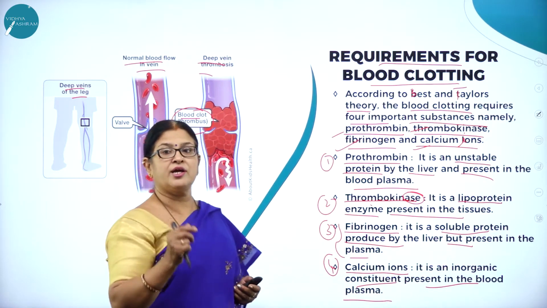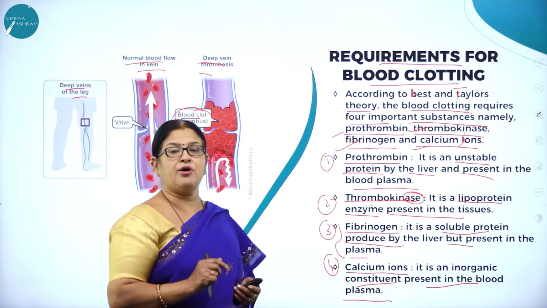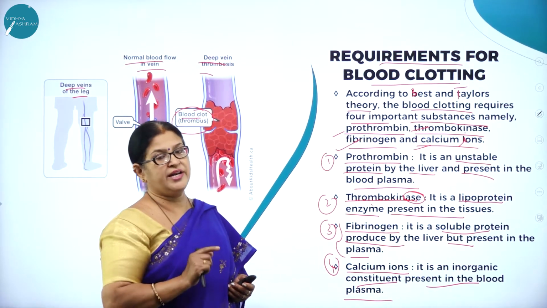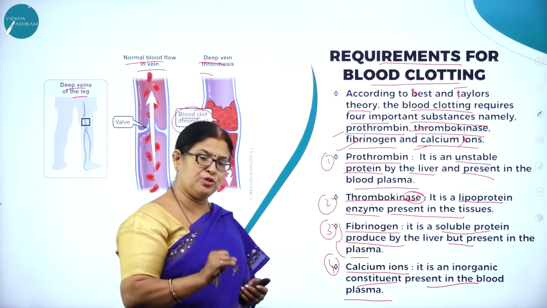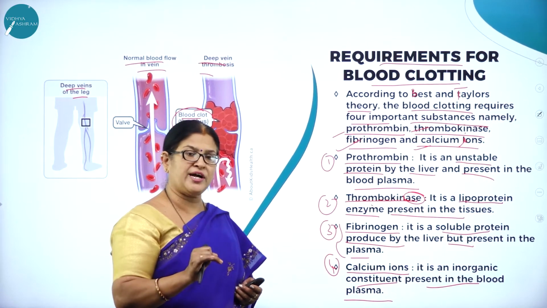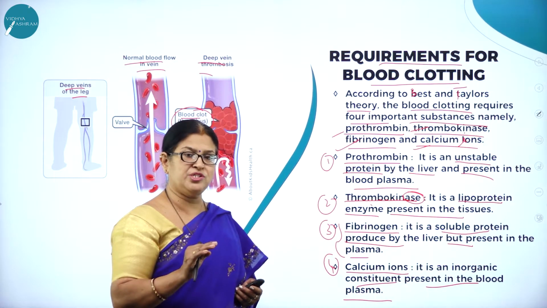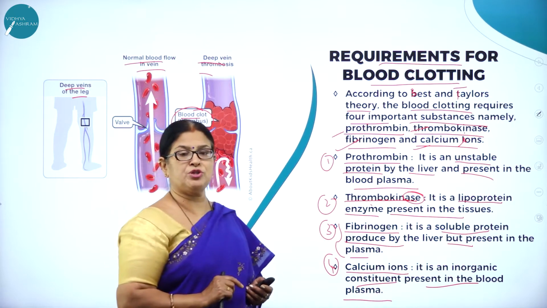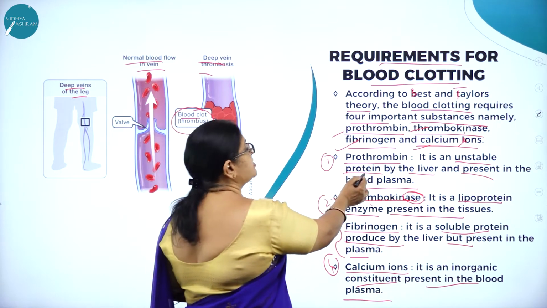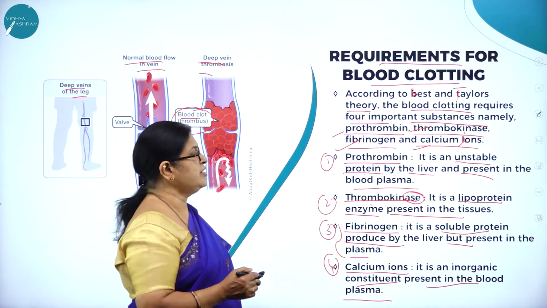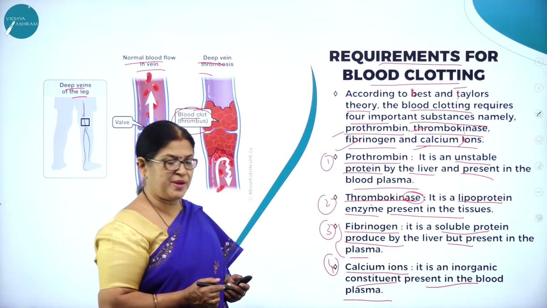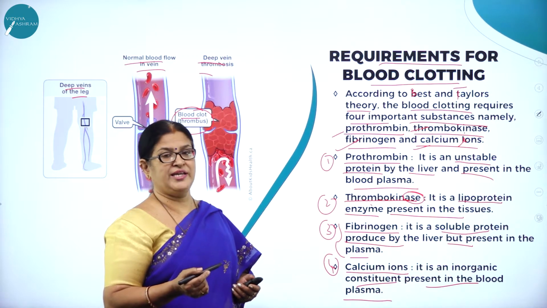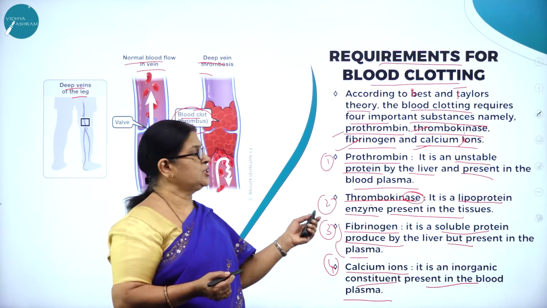So what are the requirements for blood clotting? According to Best and Taylor, 4 very important requirements are needed for blood clotting. One is prothrombin, second is thrombokinase, third is fibrinogen, and the fourth is calcium ions. So what is prothrombin? It is an unstable protein produced by the liver and present in the blood plasma. Then thrombokinase, the very word itself will tell you, as you all know, enzymes end with the suffix ase.